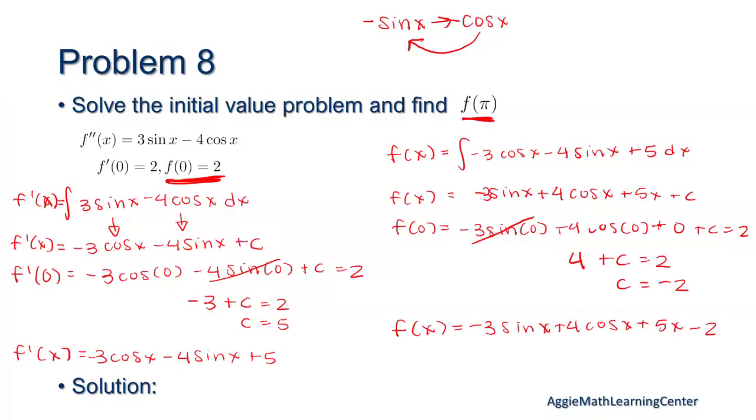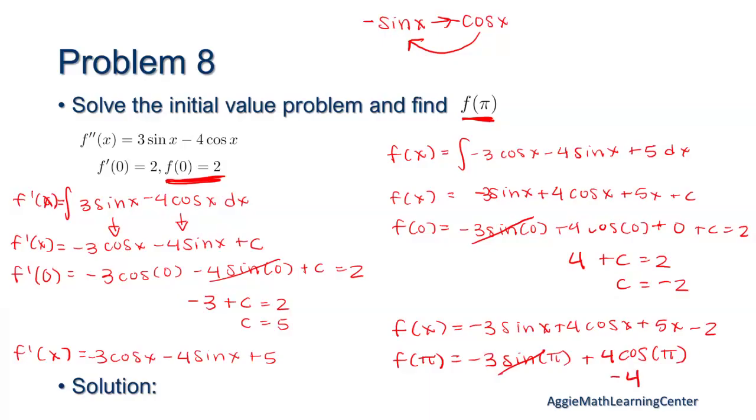We're not done yet because we have to find f of pi. Negative 3 sine of pi. Does anyone know what that is? That's going to be 0. And then plus 4 cosine pi. That's going to be negative 1, and times 4, so negative 4.